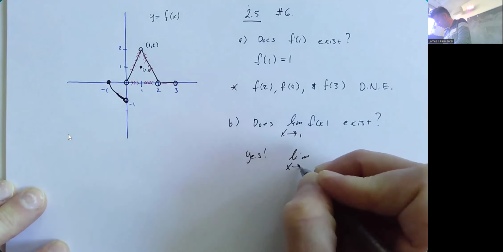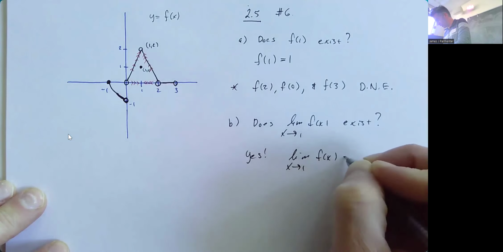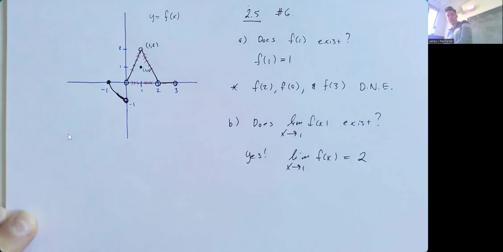The limit as x approaches 1 of f of x is equal to 2. Reminder, we're not saying that f of 1 is equal to 2. It's not. All this statement says is that as x gets close to 1, the y values get close to 2.